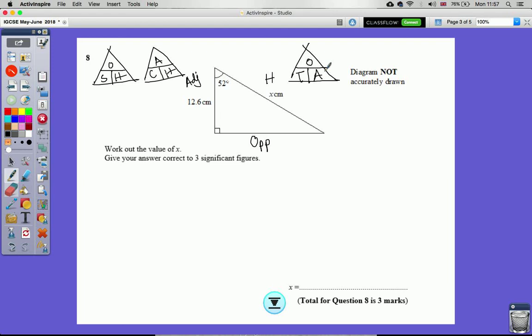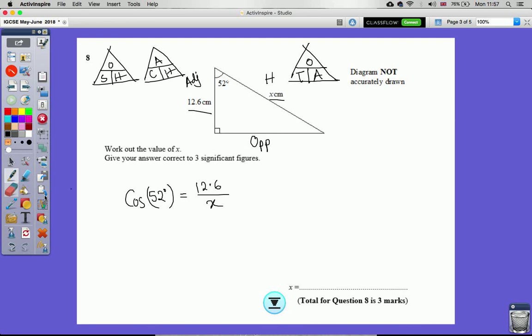Since the 9-to-1 syllabus curriculum started, they stopped giving this formula in the formula sheet. So we have been given the adjacent. We are looking for the hypotenuse. So adjacent and hypotenuse is the cos. So I'm going to do cos of 52 degrees is equal to adjacent over hypotenuse, 12.6 over x.